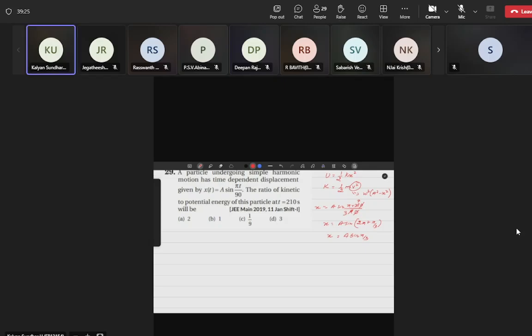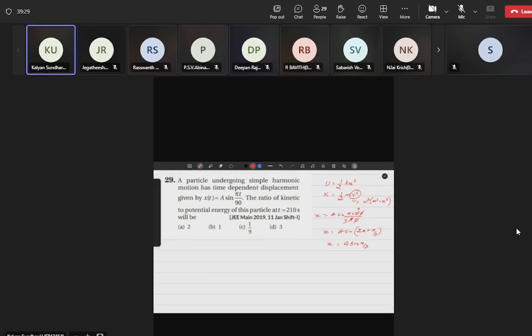So the x value we have found out, and next, substitute this x value here, and you will get your velocity. Sir, the x value will be root 3 into a by 2 only, sir. Yes, sir. Root 3 a by 2.